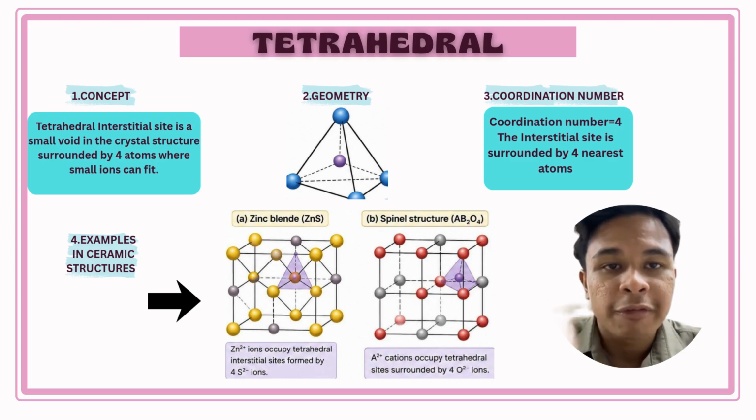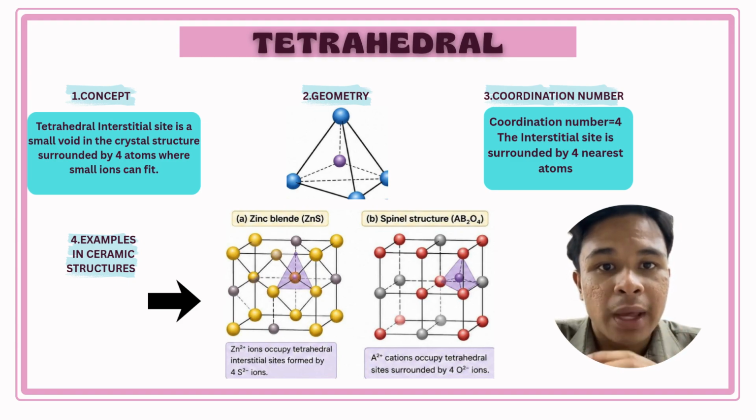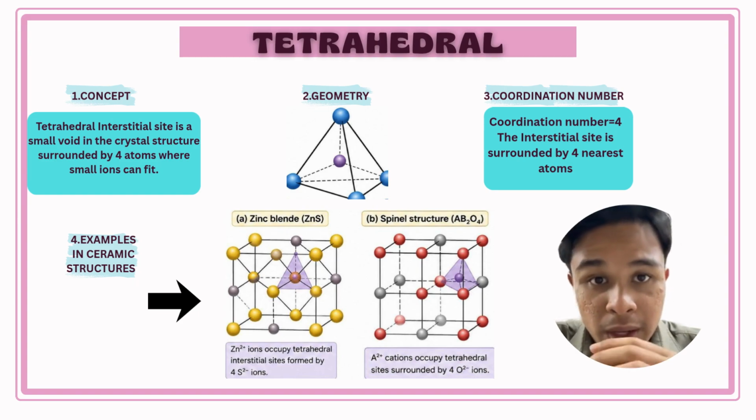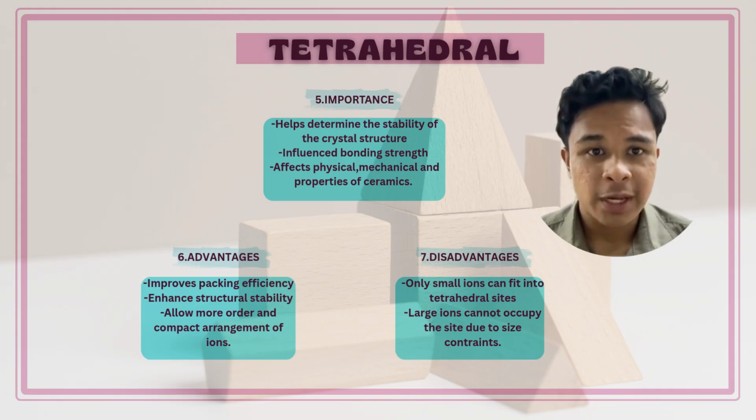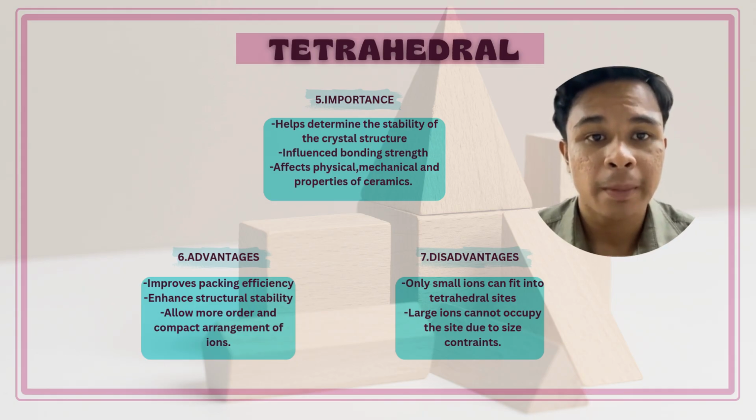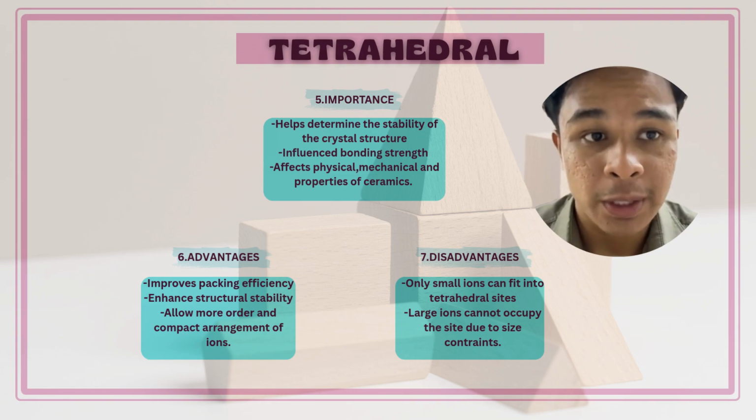We can find this site in ceramic structures like, for example, zinc blende and spinel structures. In these structures, small ions like Zn2+ or other small cations will sit in this space. These sites are important because they help make the crystal structure stable.